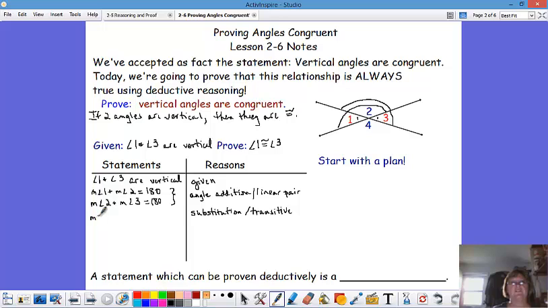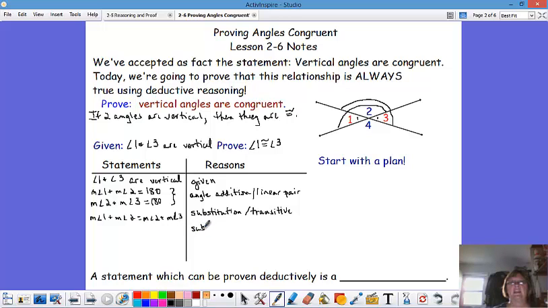Therefore, the measure of angle 1 plus the measure of angle 2 has to be the same thing as the measure of angle 2 plus the measure of angle 3. Do you see how that substitution works there? We're saying if they both equal 180, then they have to equal each other. Alright, once I'm there, then this is not bad. I can see right away that I have the measure of angle 2 on both sides of this.